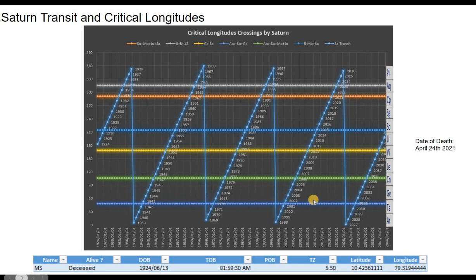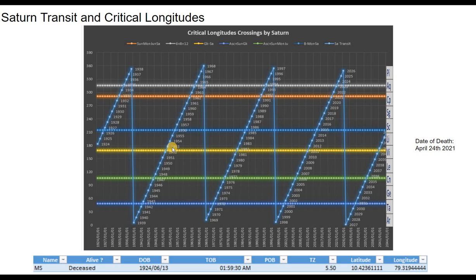The other lines that you see here are the longitudes that we saw in the previous slide, the critical longitudes. Whenever Saturn was crossing critical longitudes, in this case it started in 1942, this longitude was getting crossed in 1947, things like that.